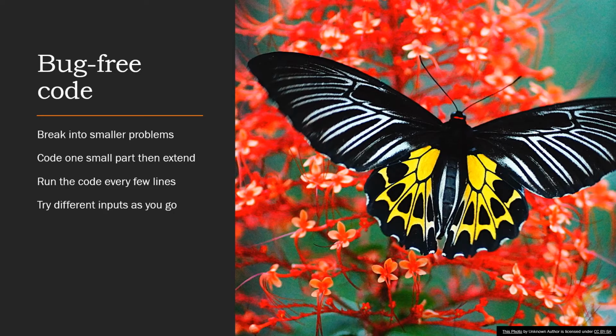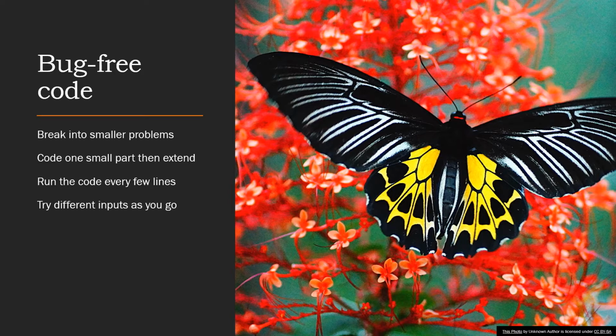A good way to write bug-free code is to work in gradual steps. If you sit and try and write an entire complicated program in one go without running it, it's extremely likely that there will be errors in there somewhere. So I suggest that you break a difficult problem down into several smaller problems and perhaps write those as separate programs that you can get bug-free and then put them together.